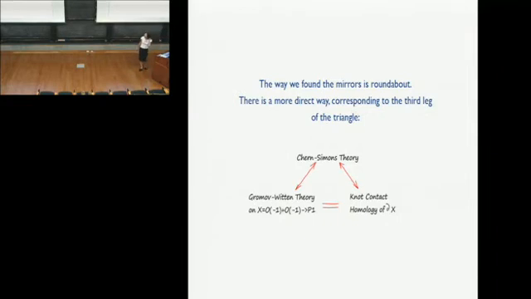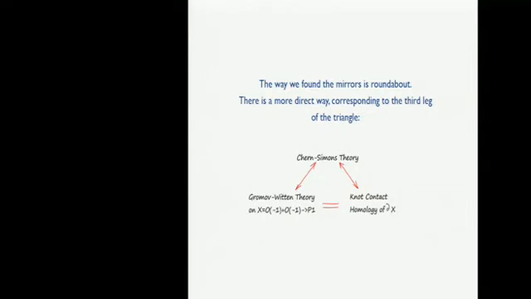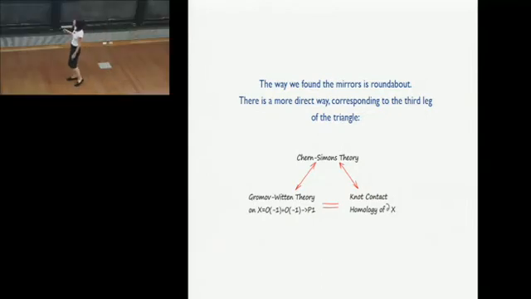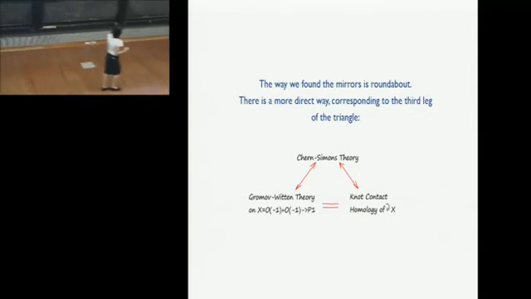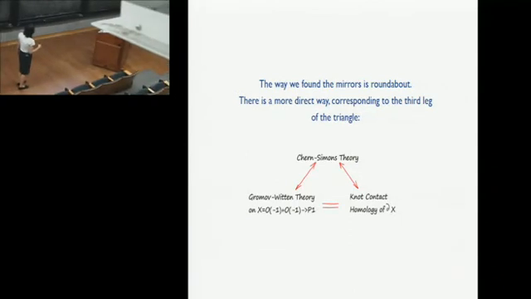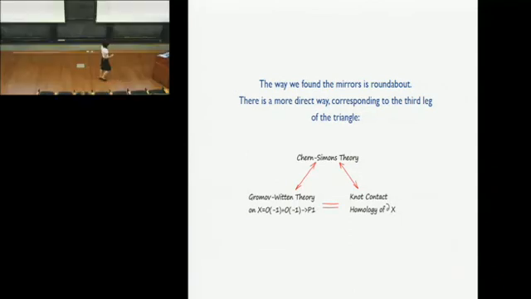Now, the way we found these new mirrors is very roundabout. We kind of use Chern-Simons theory to solve Gromov-Witten theory. It turns out that there is a much better way that doesn't involve using large N duality, if you're just interested in understanding branes on this Calabi-Yau.